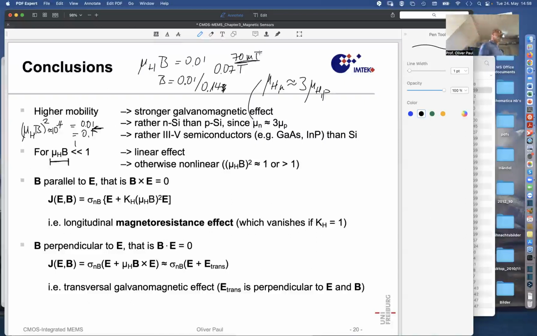Producing 70 millitesla is not so easy. If you wind a coil with millimeter copper wire, 100 loops, and then you send a current through, let's say an ampere or 10 amperes, the thing gets warm, so you can't go much further, and you measure the field near this coil, you'll have a few 10 millitesla.